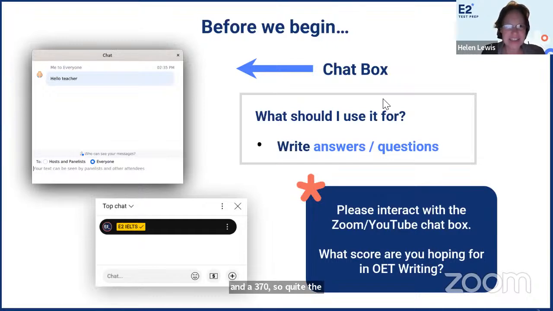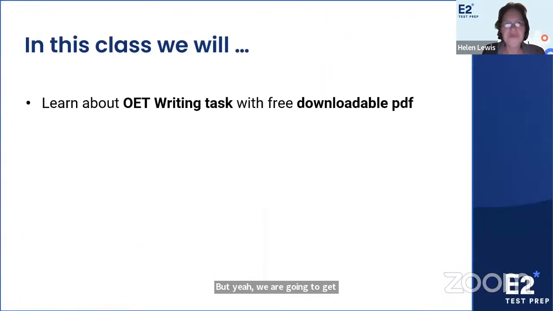And this session is to help you to achieve that target score. Writing is really important in your healthcare careers, not just for the OET. But yes, we are going to get into how to improve your score.